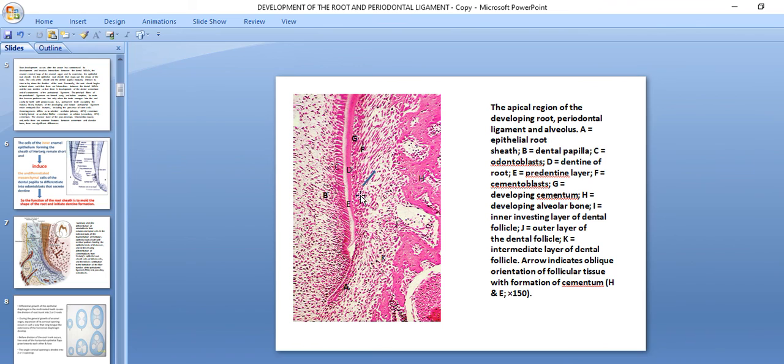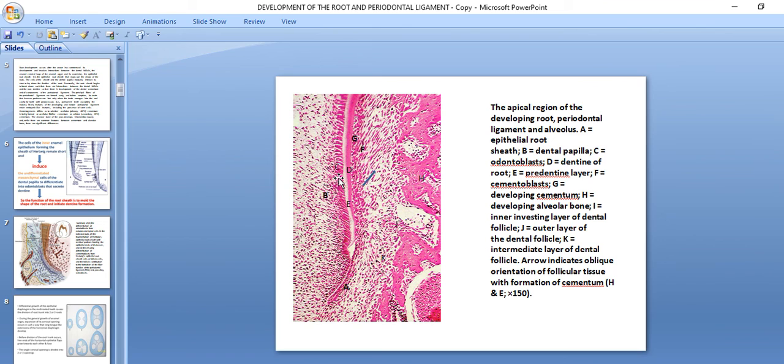Cells of the inner layer of the dental follicle differentiate into the cementoblasts. You can see here developing cementum and cementoblasts, which form an initial layer of cells on the surface of the root dentin.